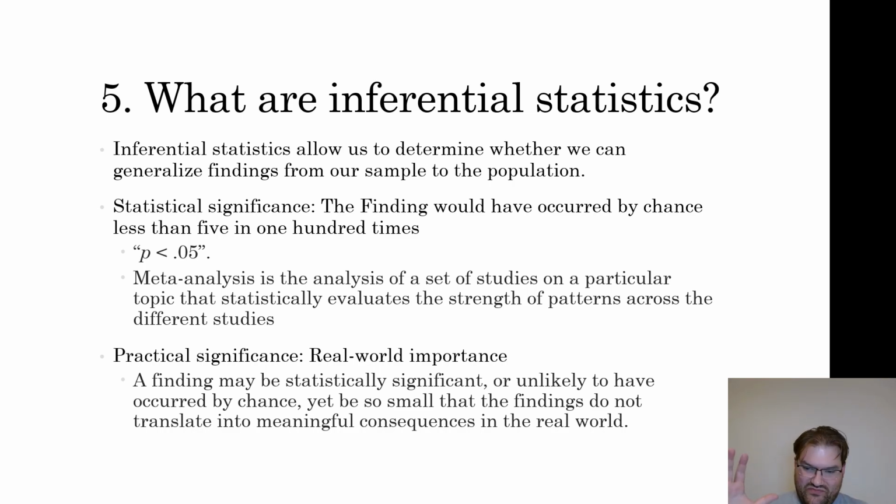So let's say we find a p-value of 0.03, which would be less than 0.05.